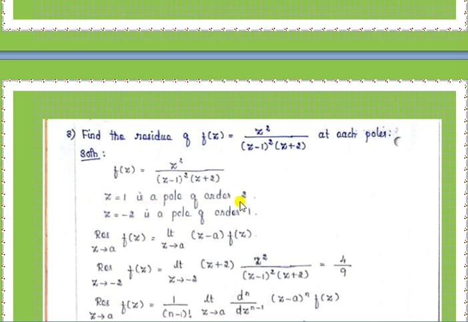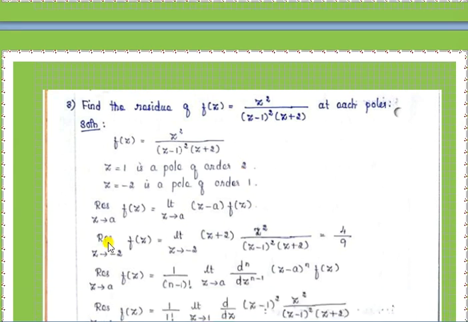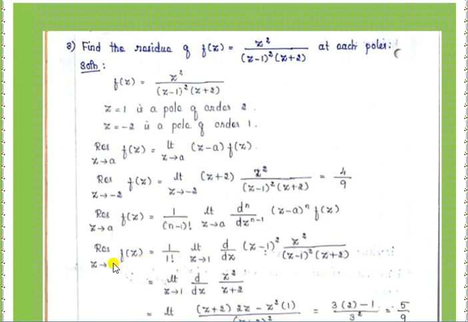Here order is 2. So therefore we need to use the second category problem. The second category formula is limit z tends to a of f of z equal to 1 by n minus 1 factorial, limit z tends to a, d power n minus 1 by dz power n minus 1 of z minus a the whole power n into f of z. Here n is equal to 2. Replace it here.